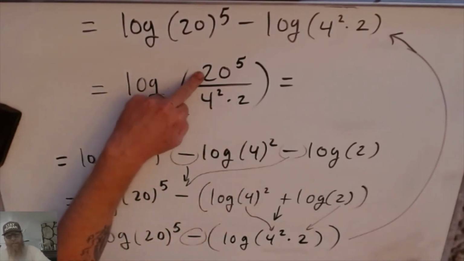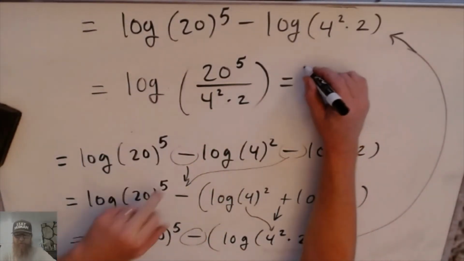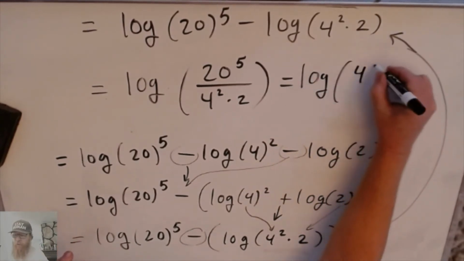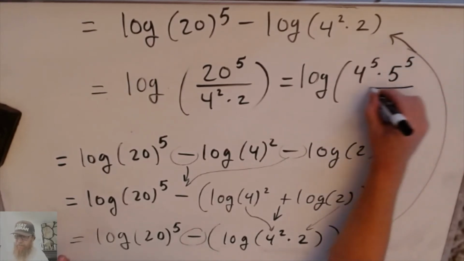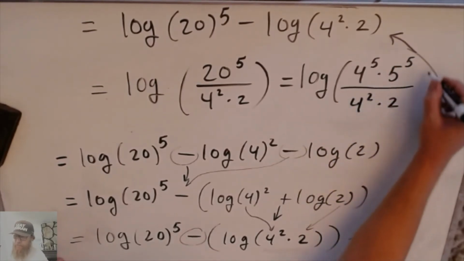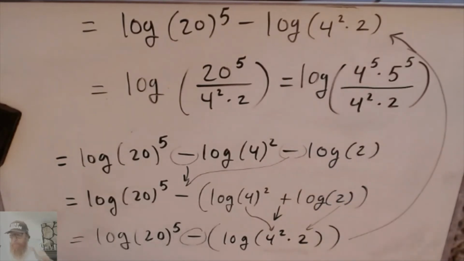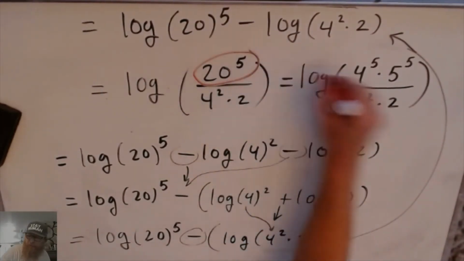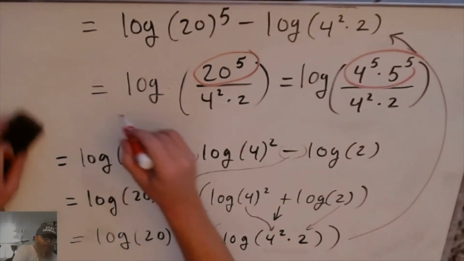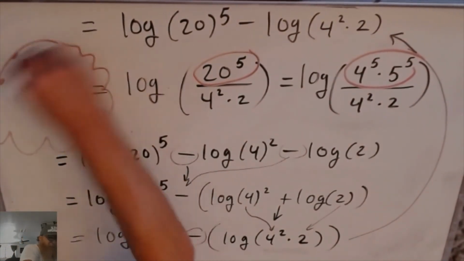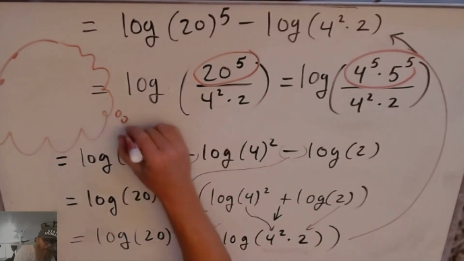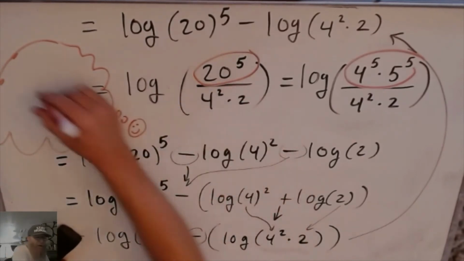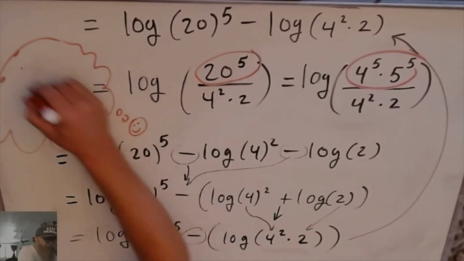So 20 to the 5th is 4 to the 5th times 5 to the 5th. Okay, maybe I'll do one of my famous thought bubbles here. Remember, I used to do these in class all the time. If I show something that's done mentally, I want to give you a glimpse into how I thought through that. 20 is 4 times 5.